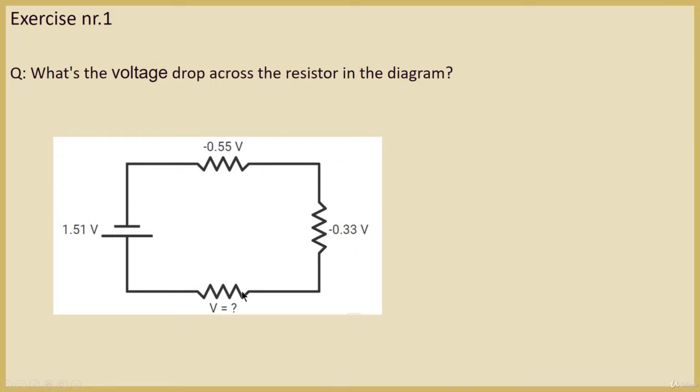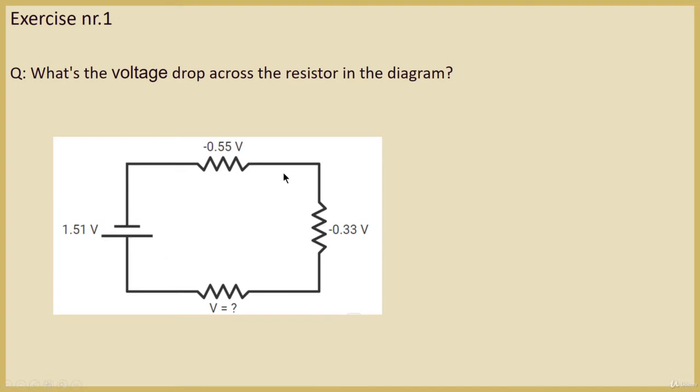The first step is to choose the direction of the loop, which can be either clockwise or counterclockwise. Since I already solved this exercise, I have chosen clockwise, but it doesn't really matter which direction it is. It's only important to stick with that direction once you decide.